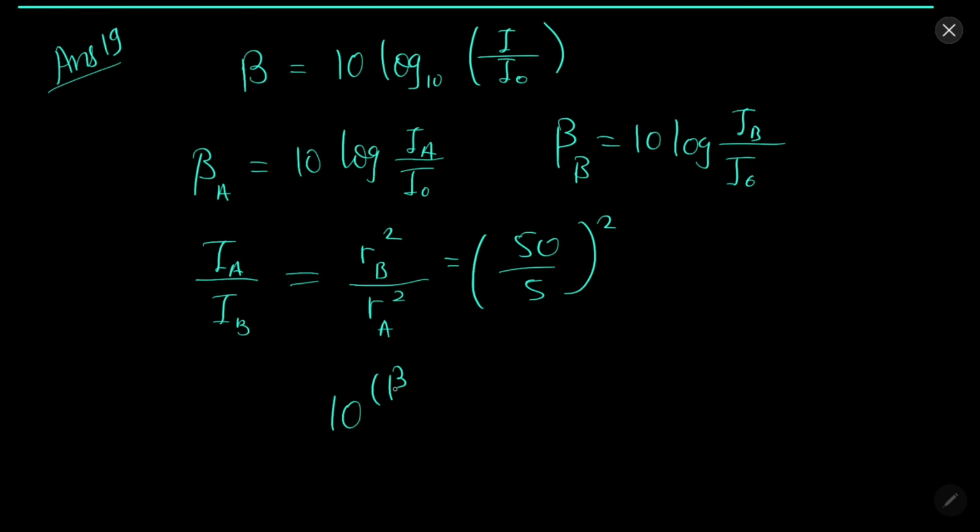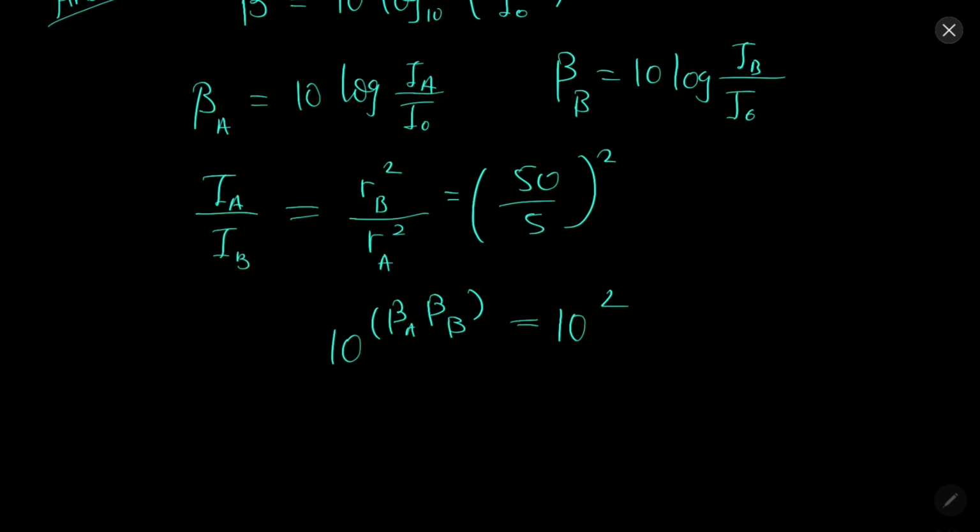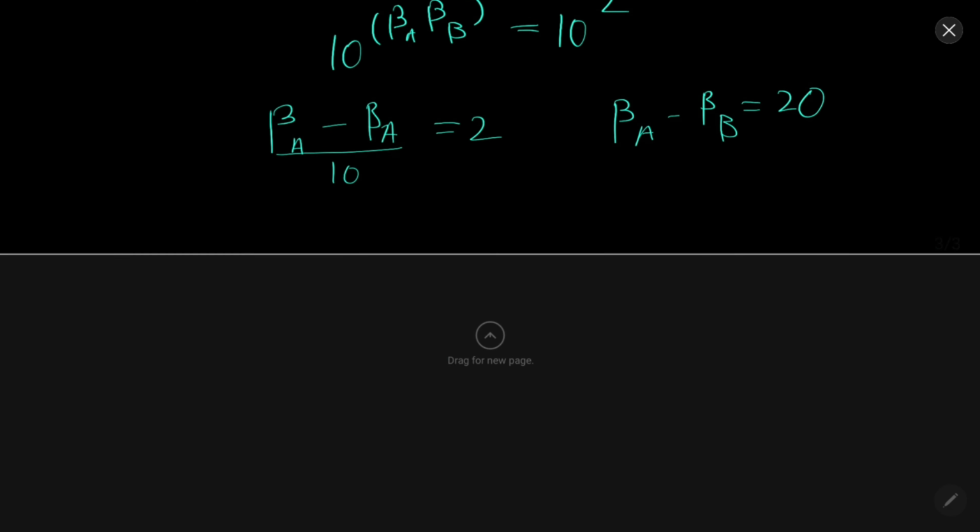Which will give us 10 to the power (beta A minus beta B) over 10 equal to 10 square. So this means (beta A minus beta B) over 10 equal to 2, beta A minus beta B equal to 20.